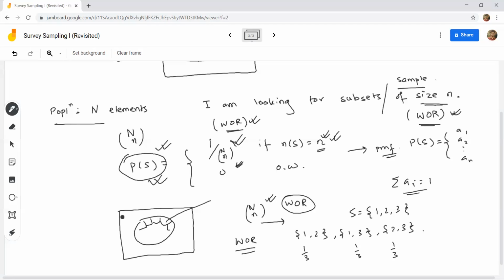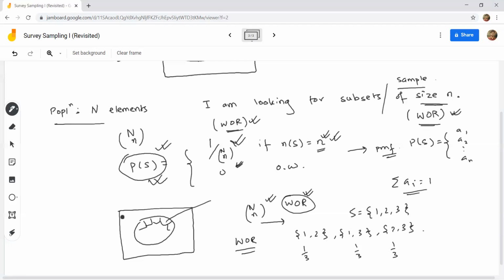So basically, you are choosing 1 2 or 1 3 or 2 3 with equal probability. If you close your eyes and pick up any sample from this capital S, you might end up with either 1 2 or 1 3 or 2 3. I know what you are talking about, but that is at a later stage, within the WR sampling scheme.